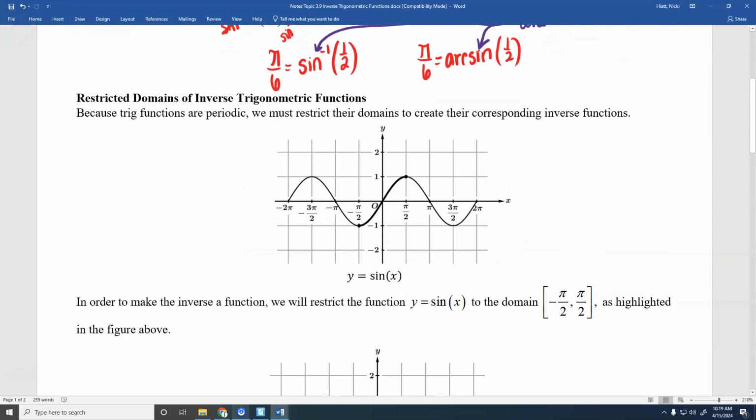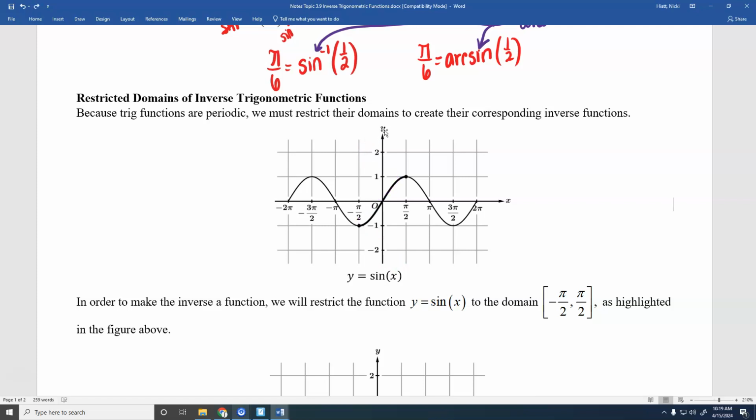Now, you have to restrict the domains of inverse trig functions because they are repeated. Whenever we find the inverse, if we reflected this over the line y equals x, we'd have a squiggle that went like this, and that would not be a function because it would not pass the vertical line test.